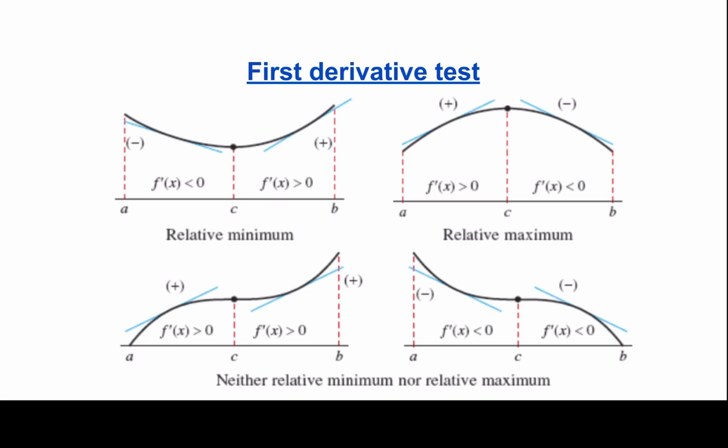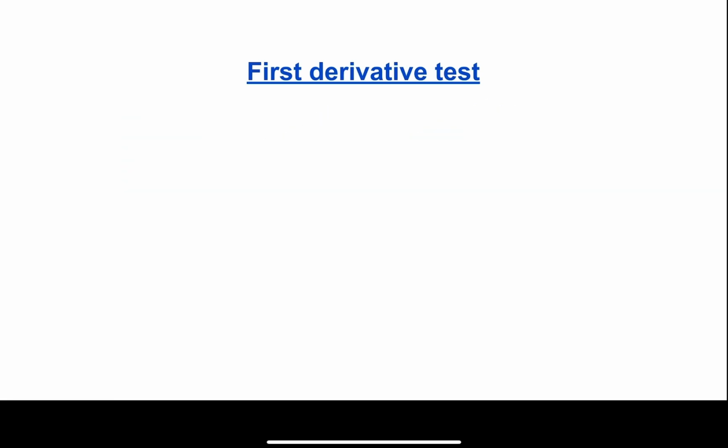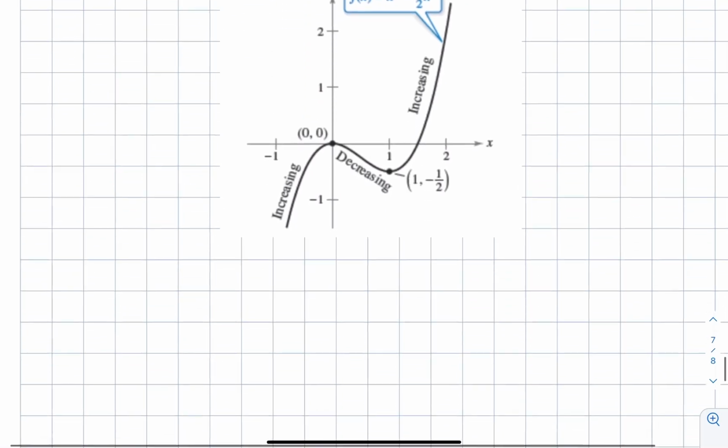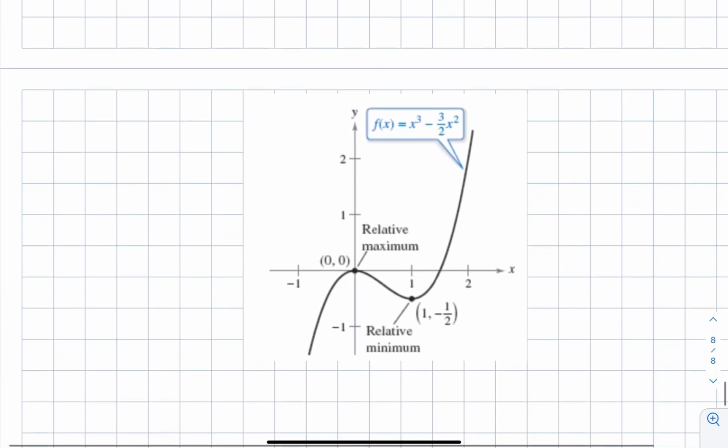Okay, and we can actually see that happen with our last example. So again, the work that we did with the derivative was we found out that to the left of or under 0, so all the negative values, we had a positive tangent line there, so that was increasing.